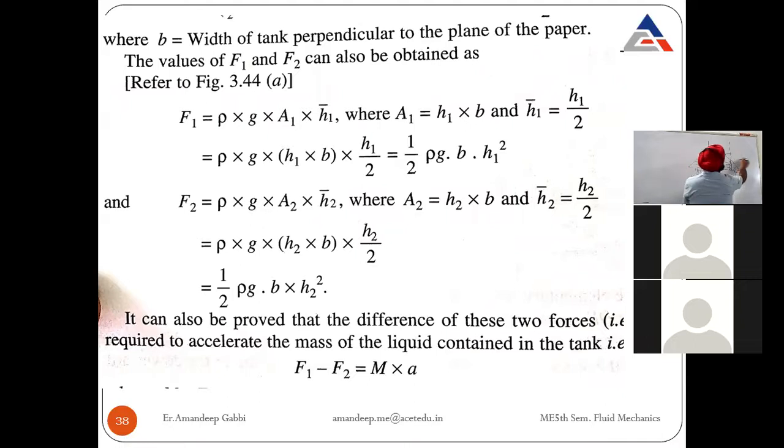Now this container is moving in this direction with acceleration A. This is the front end and this is the rear end. H1 is the height at the rear end, and H2 is the height at the front end.